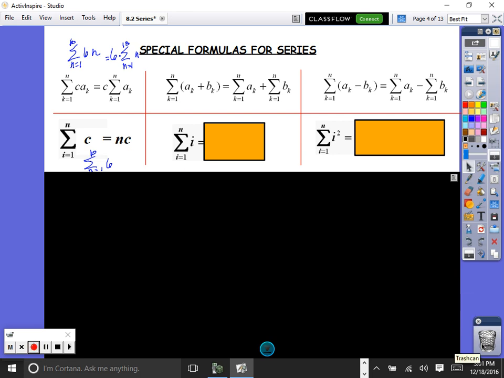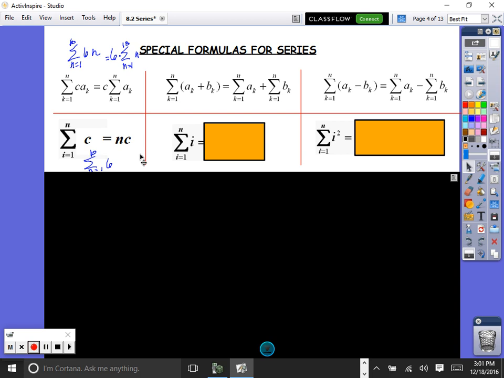So it says take how many you have times your constant. Isn't that what I had? 6 plus 6 plus 6 plus 6 10 times. 10 sixes. So this one I think makes common sense. This is one you can use often.